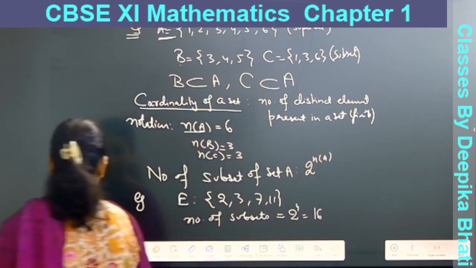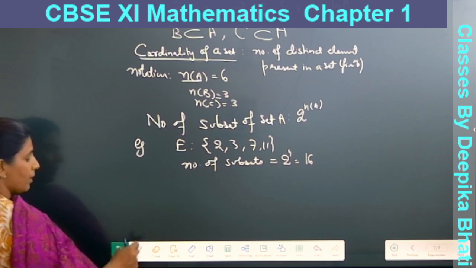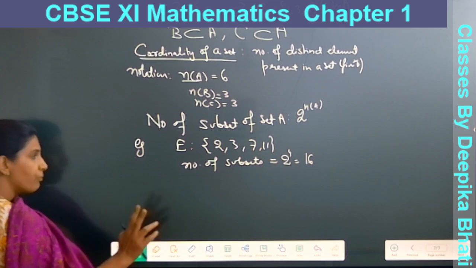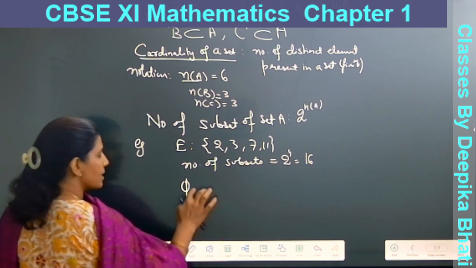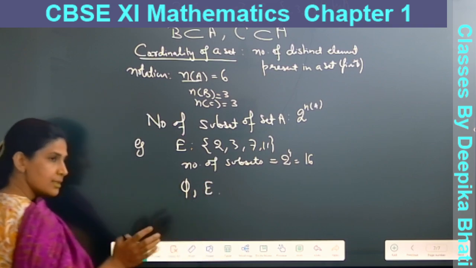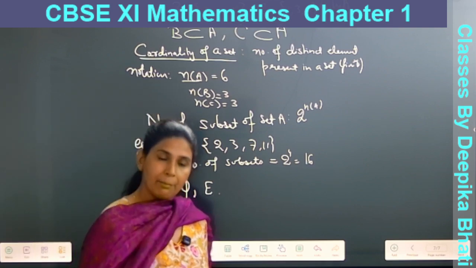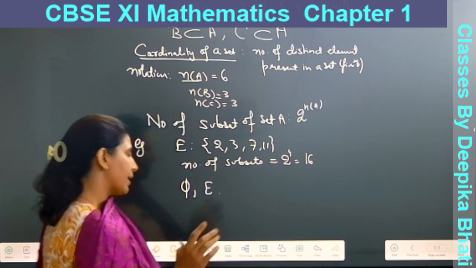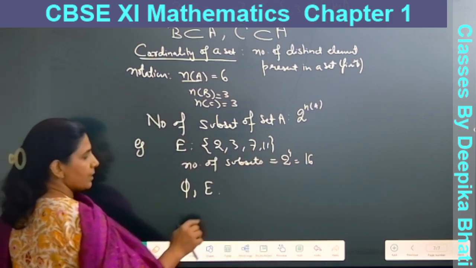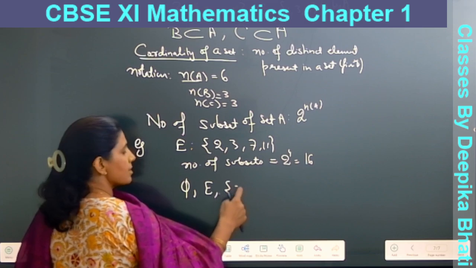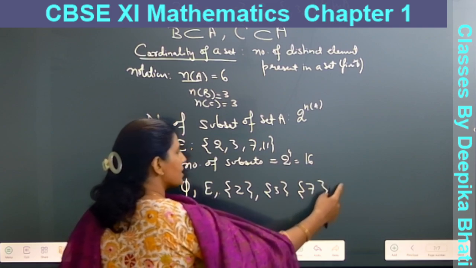These subsets include two obvious subsets. Empty is a subset of each and every set, and the set itself. When I say factors of a number, 1 and the number itself are always factors. Likewise here, the set itself and the empty set are always subsets. Then we have singletons consisting of a single element. These are singleton sets.